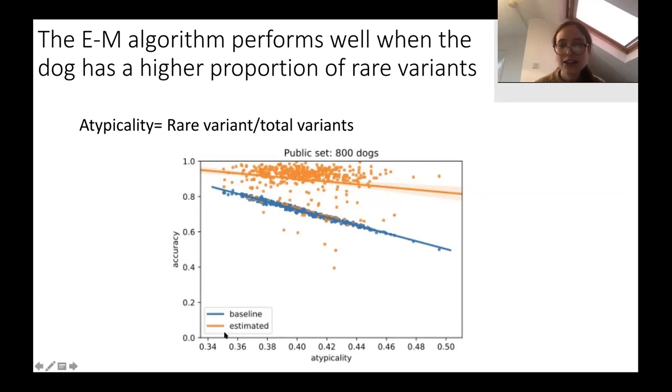So here is the proportion of the variants the dog has that are rare, and on the y-axis is the accuracy. And you can see that our method consistently does better than the baseline, and that the gap is particularly wide for dogs that have a higher proportion of rare variants.